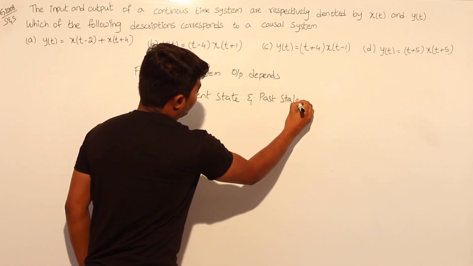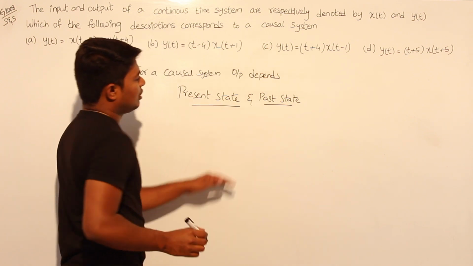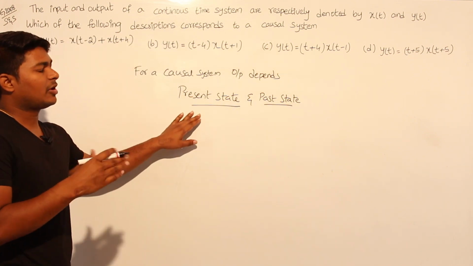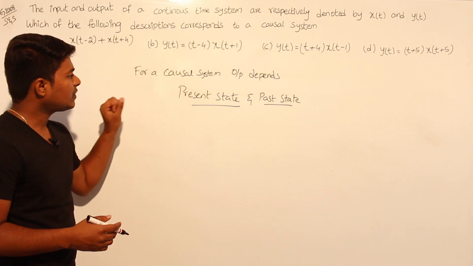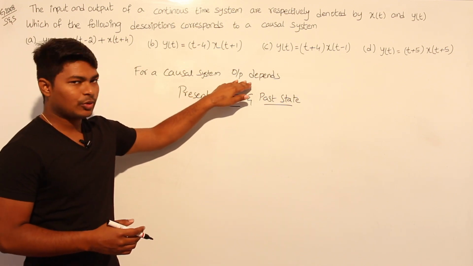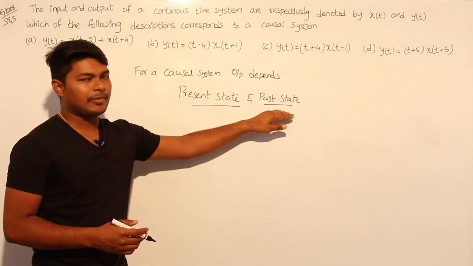This is the main important point which you need to remember. Not only for this question, you can come across many kinds of questions based on this concept only. For a causal system, output depends on present state and past state only.